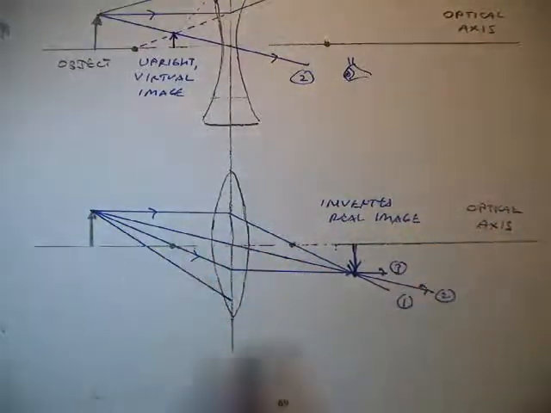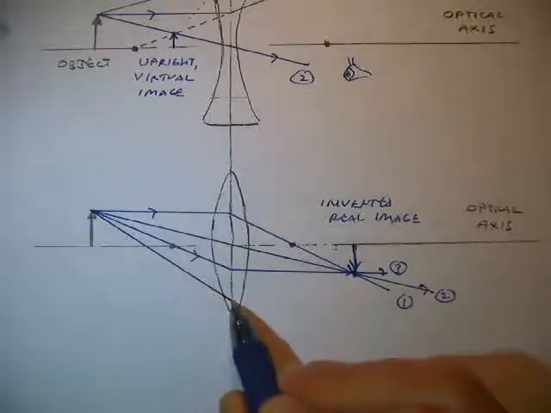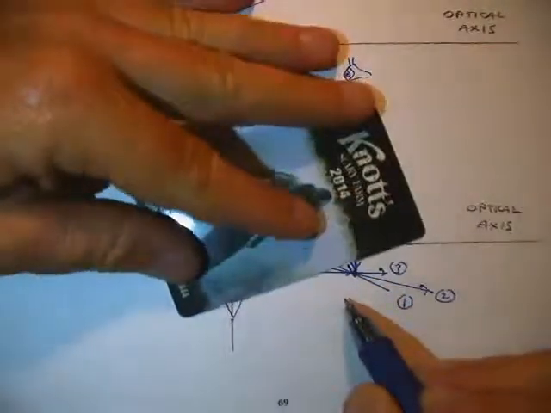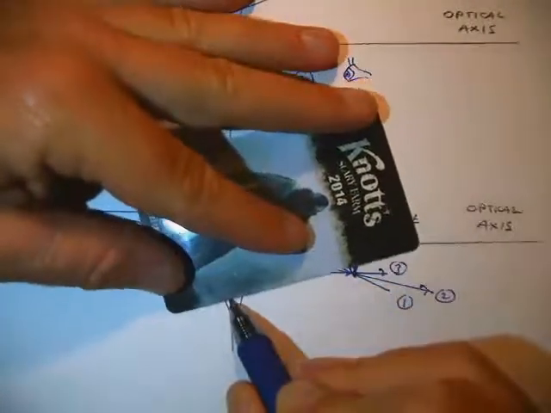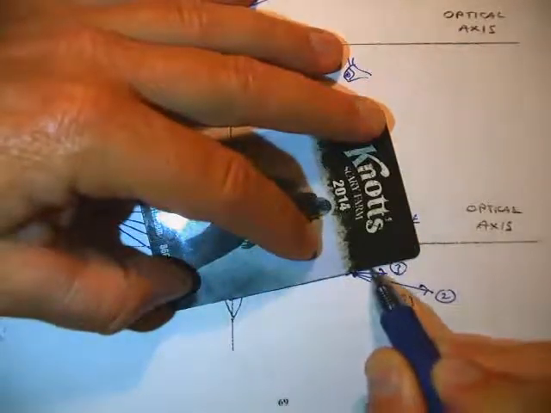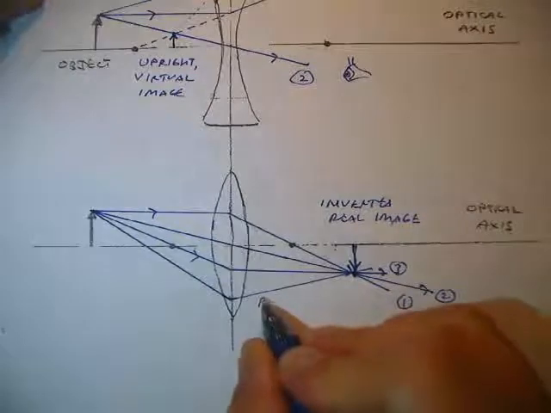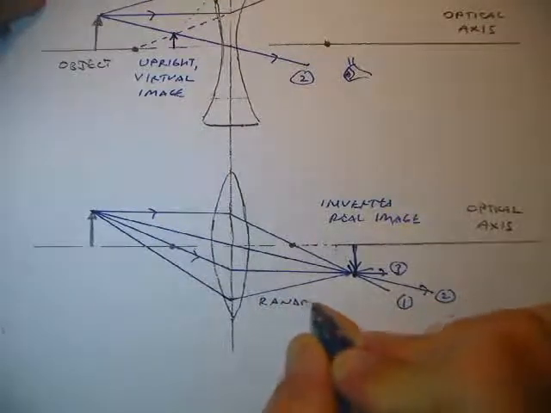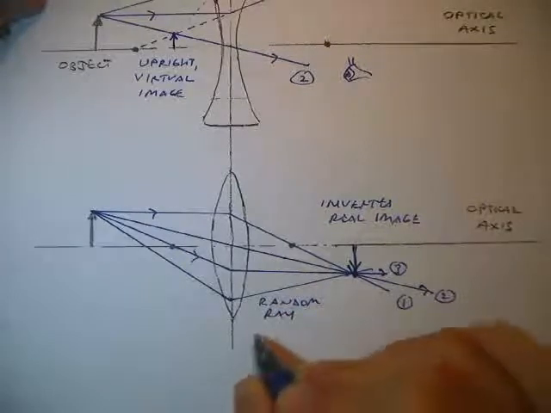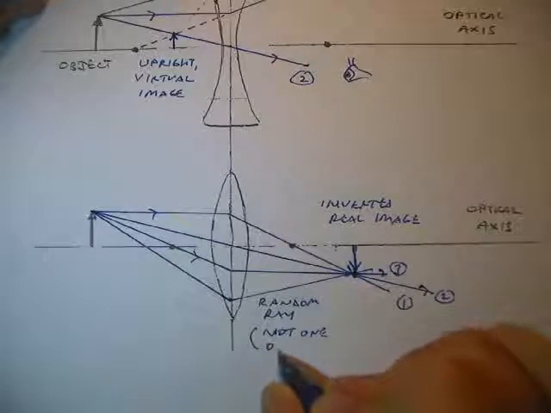But now that we've done all this work, we actually do know that that light ray would get refracted such that it goes right through that point. But again, there's no way you could have started with that because you wouldn't have known how hard to bend it. So the reason we started with the others, and I'm just going to label this one, is that this was a random ray, not one of the principal rays.